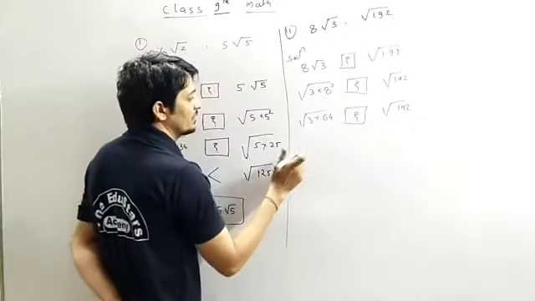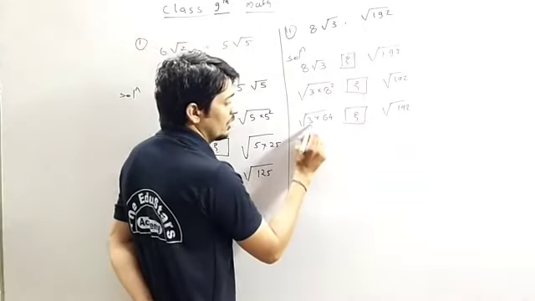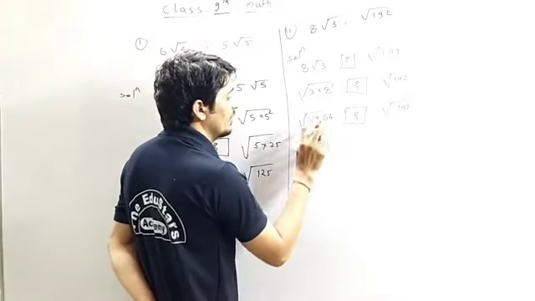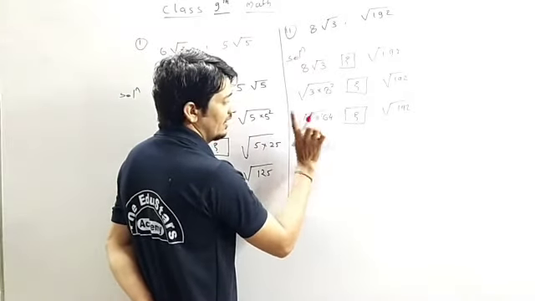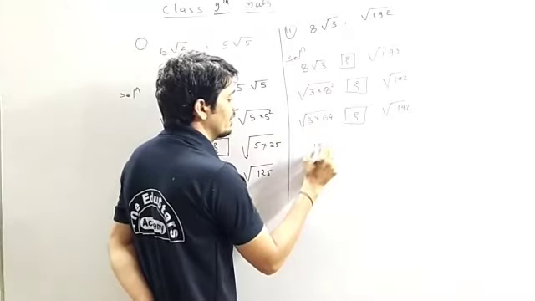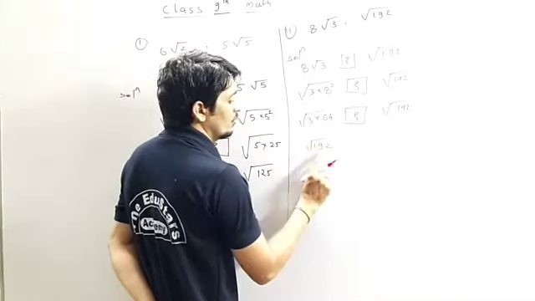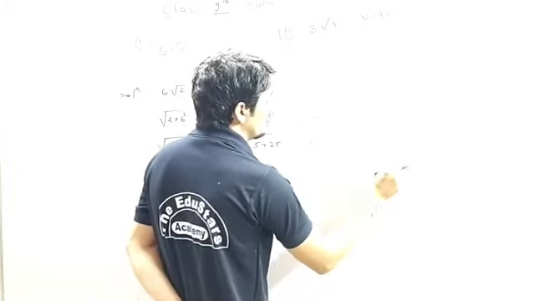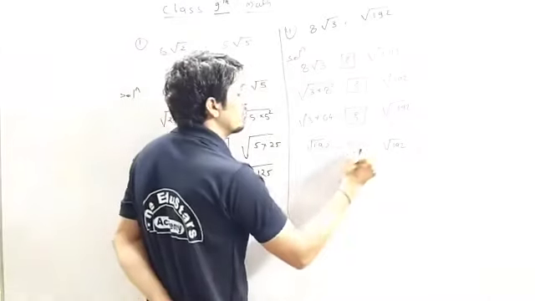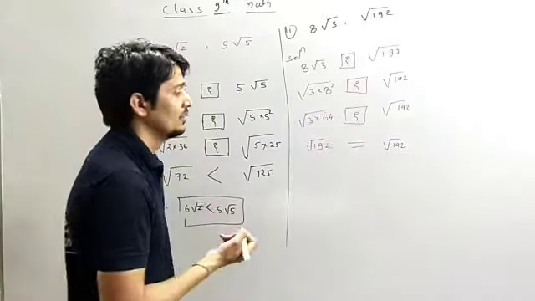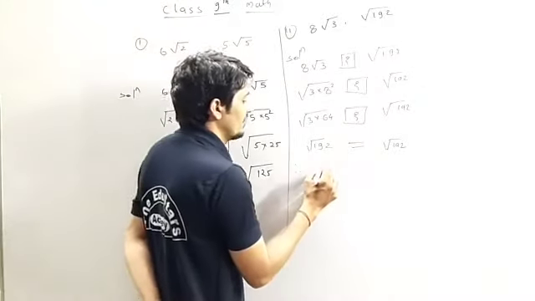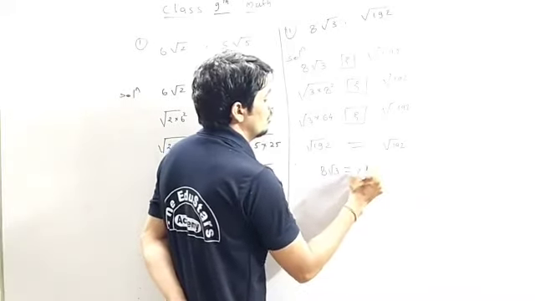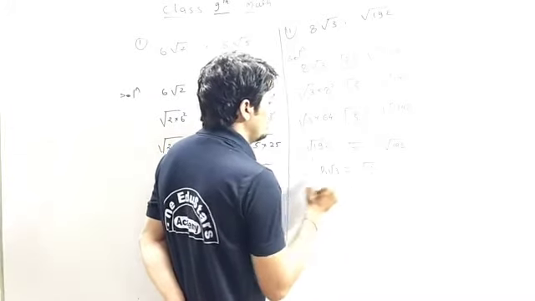Now we are multiplying 3 by 64. 4 3s are 12, carry 1, 6 3s are 18 and 1 is 19, and we have root, so 192. Here again we have 192, so both are equal, that means we have to put the equals sign.